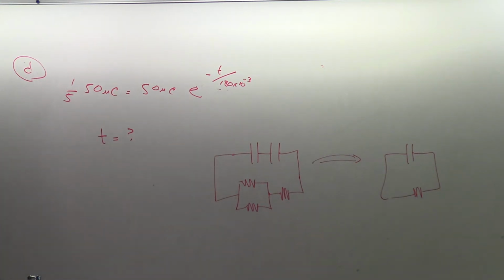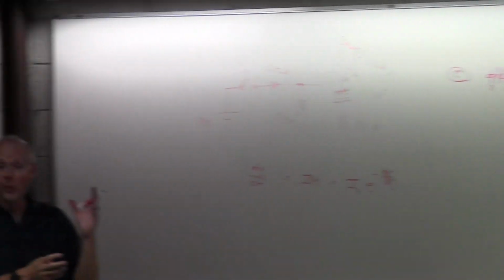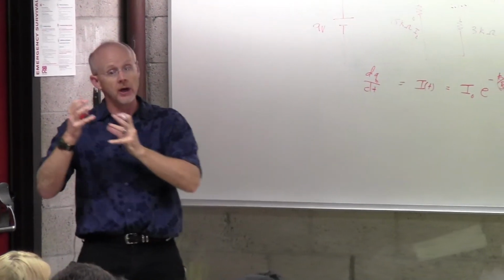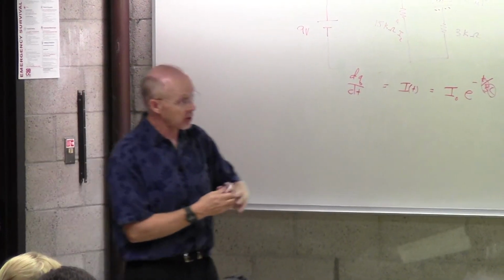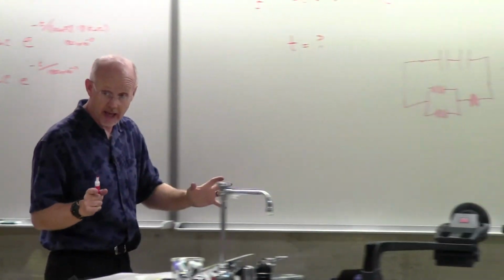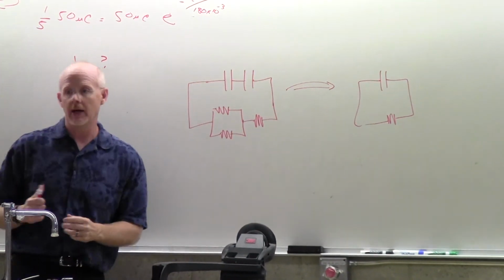So as long as I have a circuit that could be reduced down to 1 equivalent capacitor and 1 equivalent resistor, which that more complicated one can be, but not all can, then I can just apply that equation.